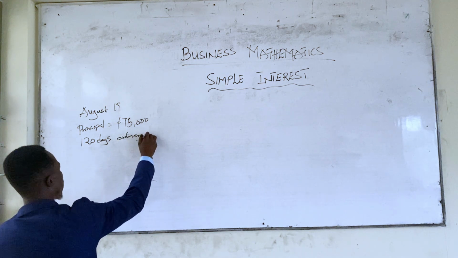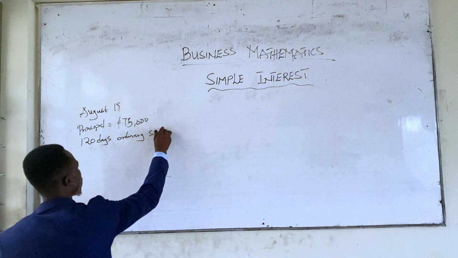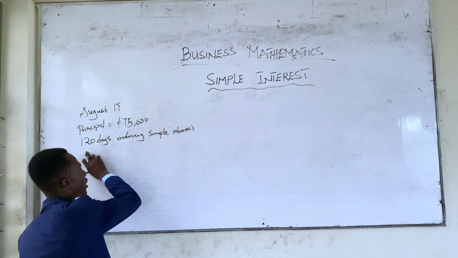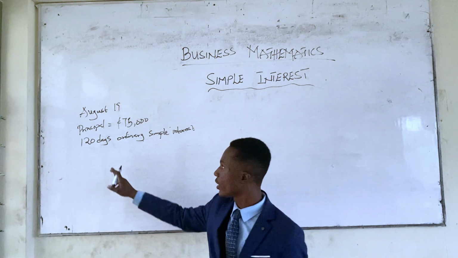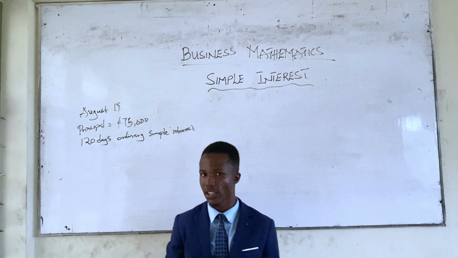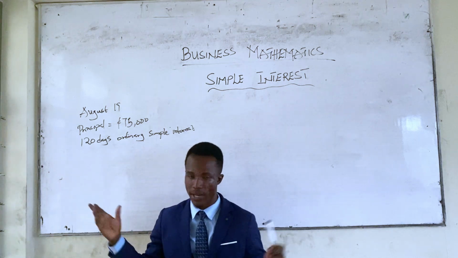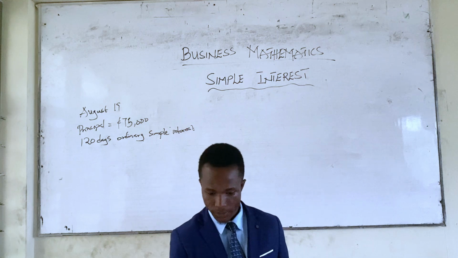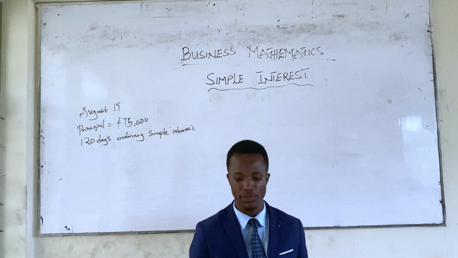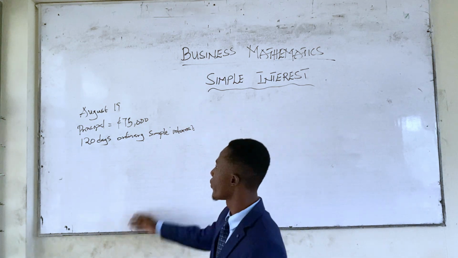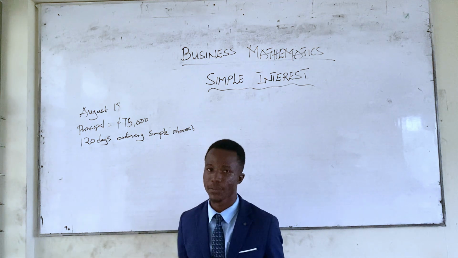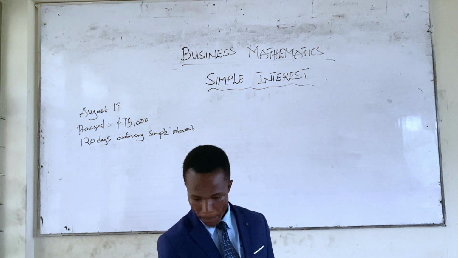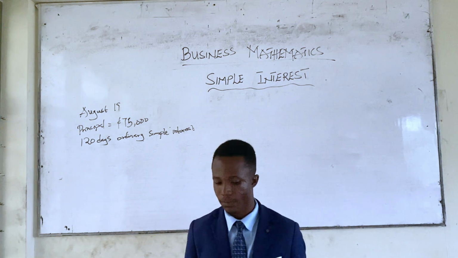Don't forget how we calculate simple interest. When you are calculating simple interest, and you are given ordinary simple interest and 120 days, when you get to the time you have to divide it by 360. Then the question says compute the due date and the maturity value of the promissory note. So here we are going to calculate the due date, then the maturity value.